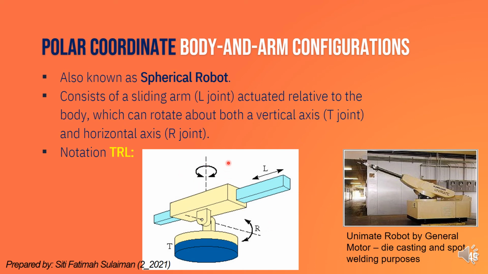Type R is a rotational type joint, and type L is a linear type joint. So the polar coordinate or spherical robot consists of R, T, and L joints. All these arrows show the motion of the joints: this is the motion for R, for T, and for L.